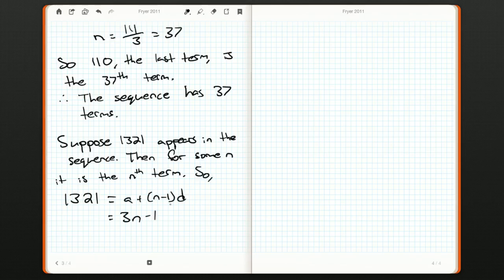So just as before, we can argue this down to 3n minus 1. A is 2, d is 3. So then 3n is going to be 1321 plus 1. And that's 1322.